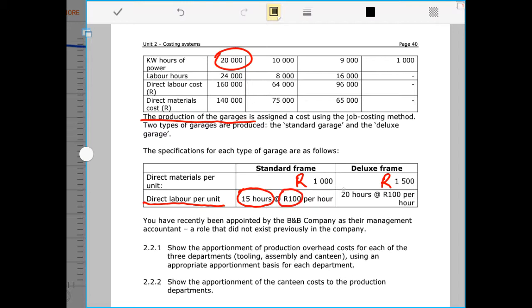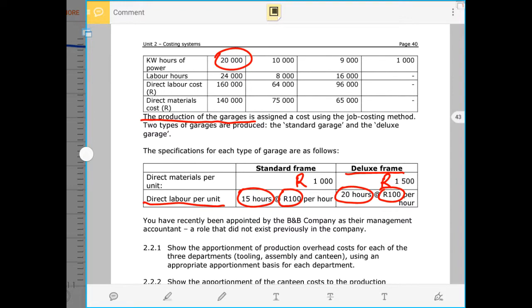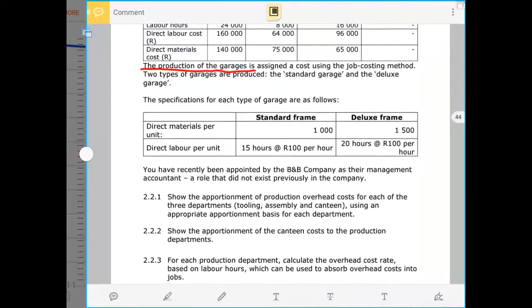And it takes 20 hours of labor to complete a Gulex frame garage, and the laborers are paid 100 rand per hour. So that is the direct material cost as a rate and the number of hours it takes to complete the garages.